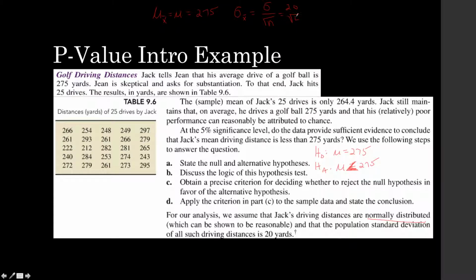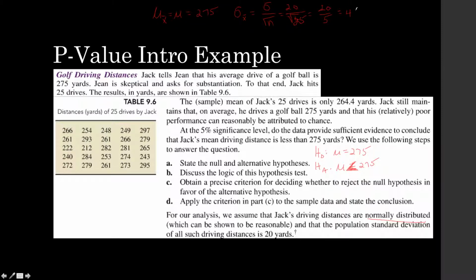Excuse me, 25 samples. Lost my train of thought there. So this is 20 divided by 5, which is 4. There we go. So these are the mean of my sample means and the standard deviation of my sample means.